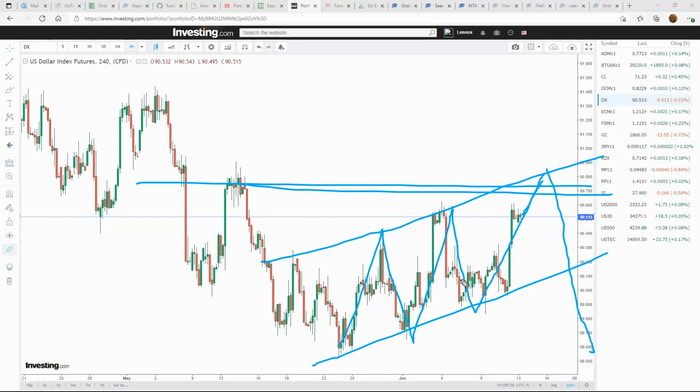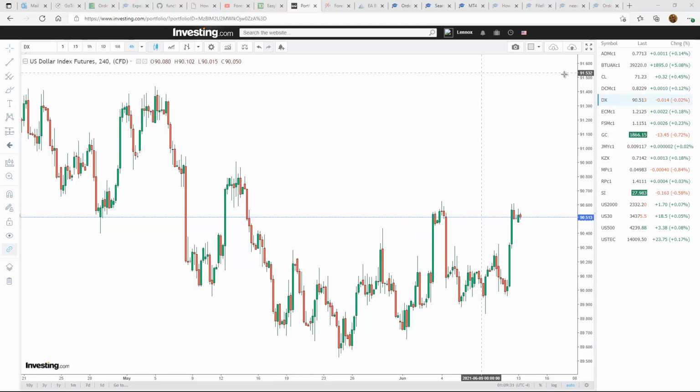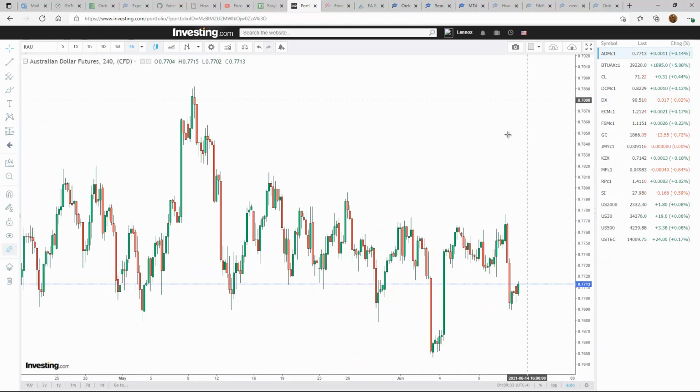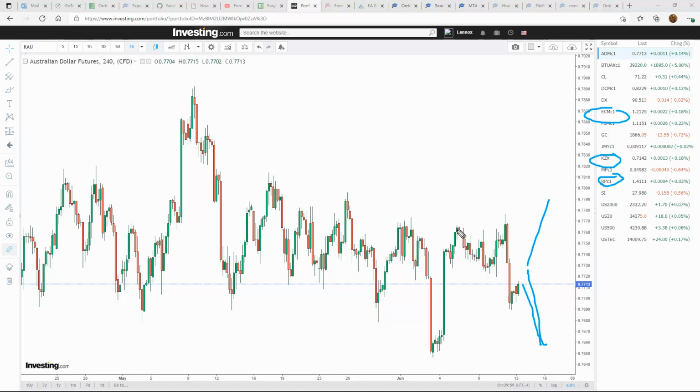So if that holds out, then the short term for the Aussie would mean further upside if the US dollar goes to the downside first. And then a US dollar movement to the upside would create downside movements in the Aussie, downside movements in the euro, downside movement in the British pound, and the New Zealand dollar as well against the US dollar.